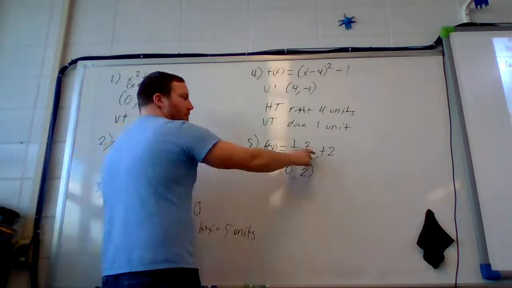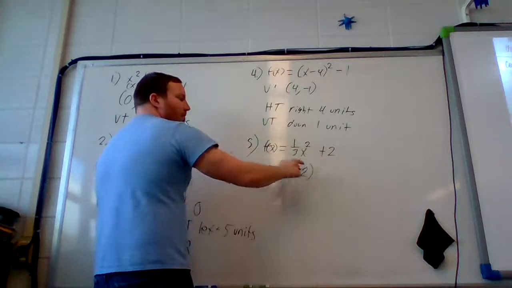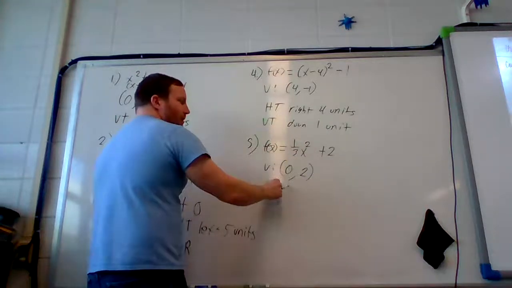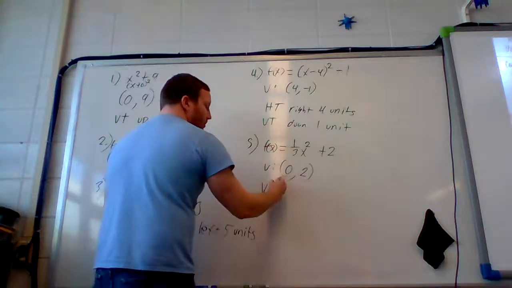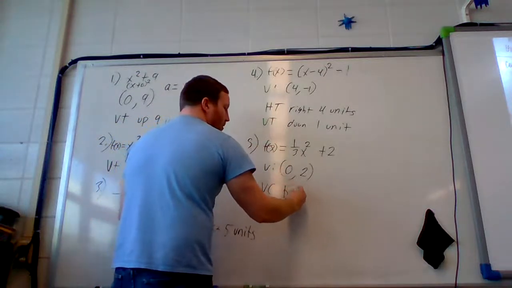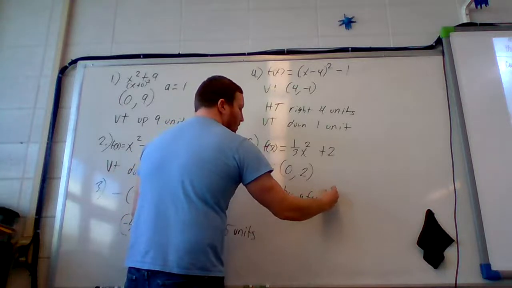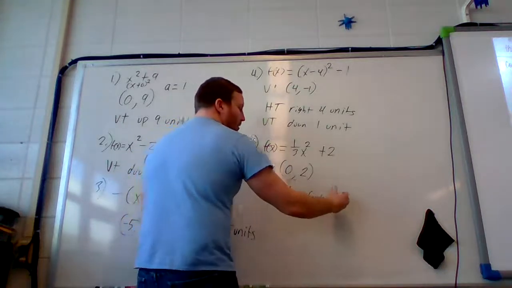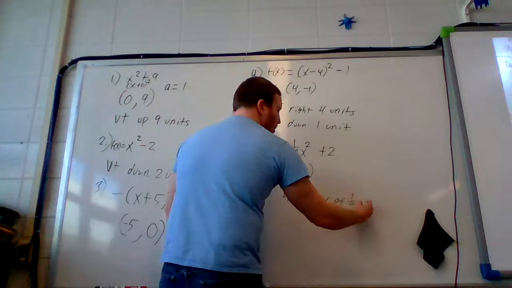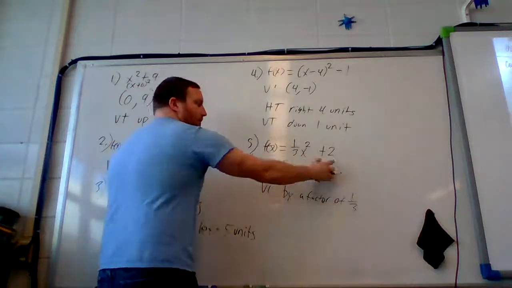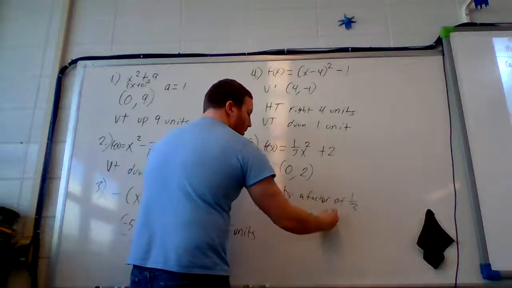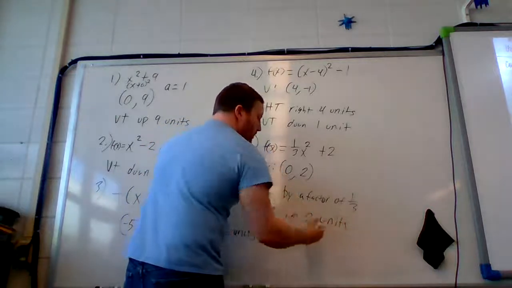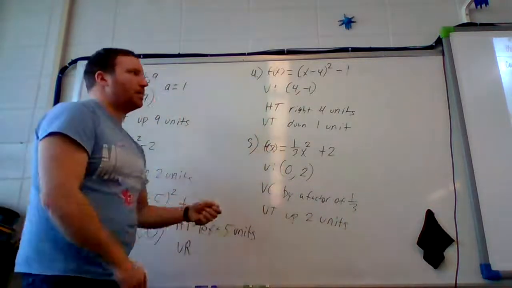Our transformations, again, we don't shift left or right because our h value is 0. But we do have this 1/3. So in this case, we have a vertical compression by a factor of 1/3. And we have that vertical translation up 2 units.